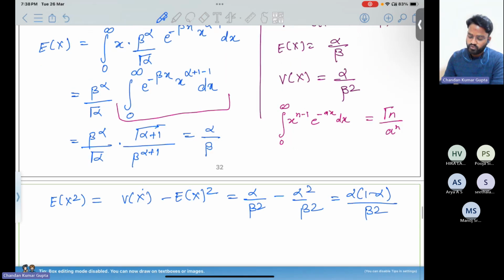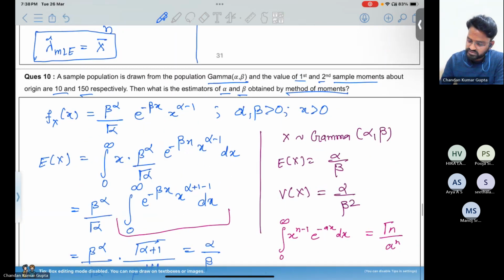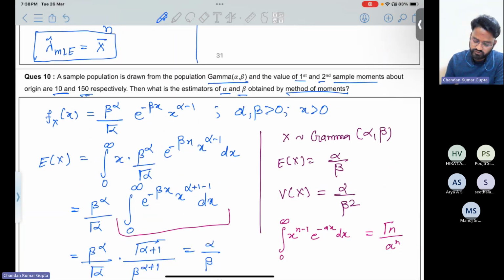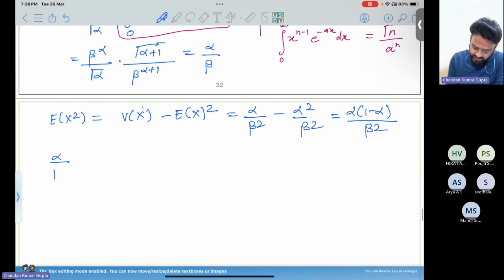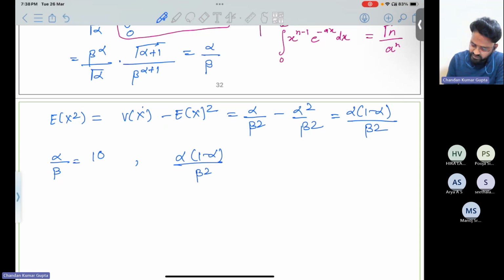Now we are given the sample moments 10 and 150. That means alpha upon beta equal to 10, and alpha times 1 plus alpha upon beta square equal to 150.